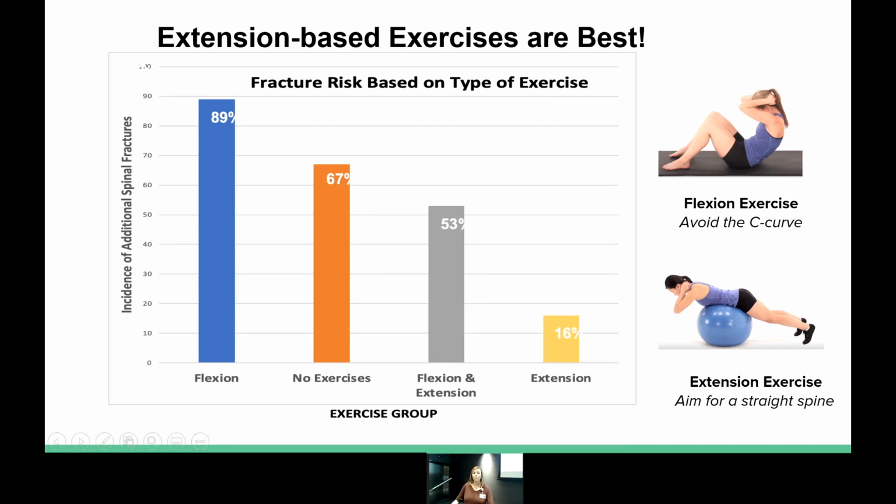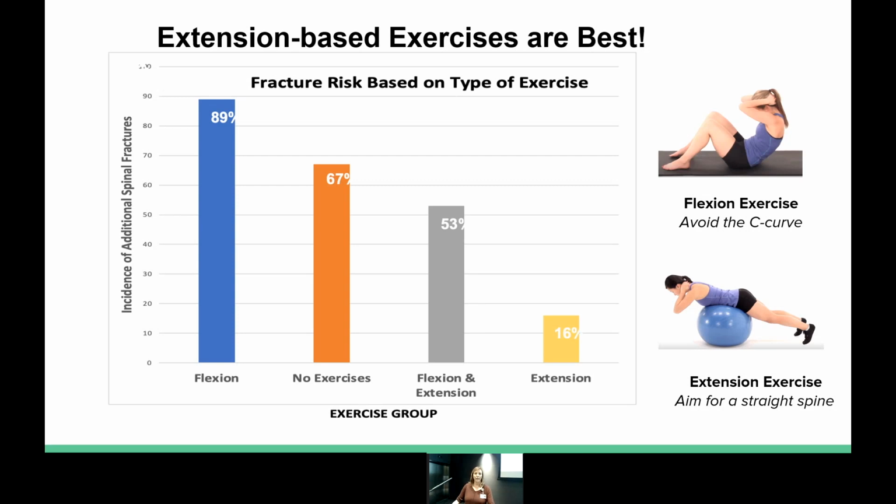So of the 4 groups, group 1, shown by the blue bar here, did flexion-based exercises. So that's exercises that made them bend forward at the waist. So you can think about those traditional good ab exercises, the sit-ups and the crunches. The second group, the yellow bar, was assigned to perform extension-based exercises. And by that, I mean exercises that targeted the back muscles.